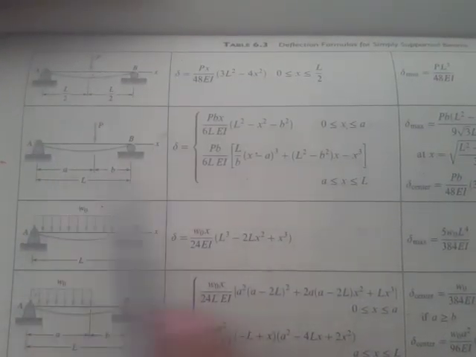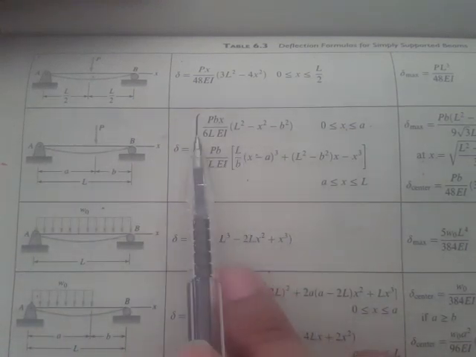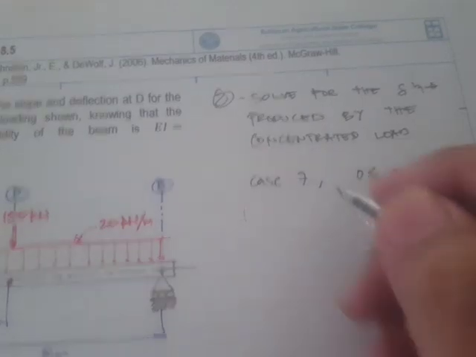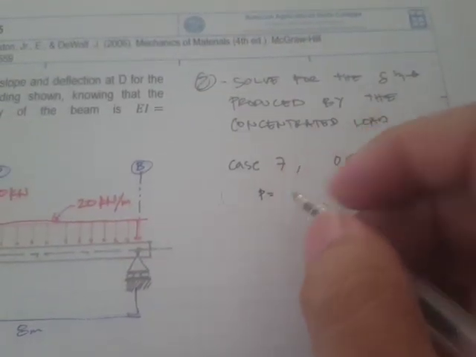Here's our beam condition. This is case 7, and this is our expression. So let's just copy this. But let's first label all the symbols.